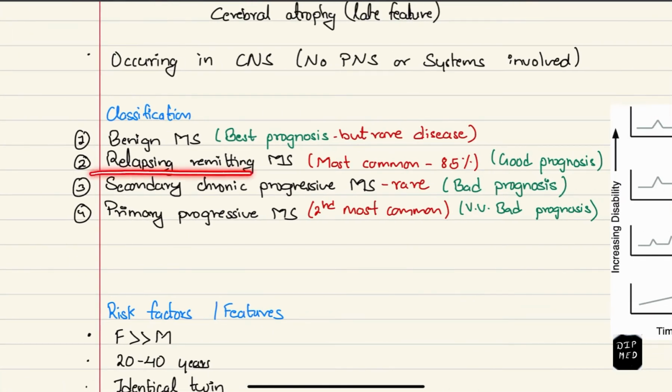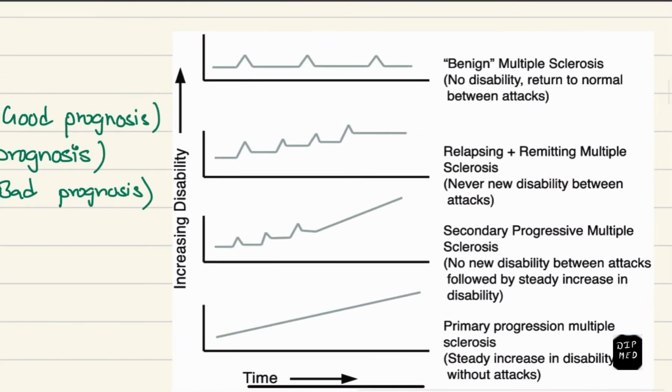Next is the relapsing remitting type, which is the most common type, standing at almost 85% of the disease. It also has a good prognosis. In this type, the episodes of attacks come and go, just like in benign multiple sclerosis, and the patient returns to normal but not completely.